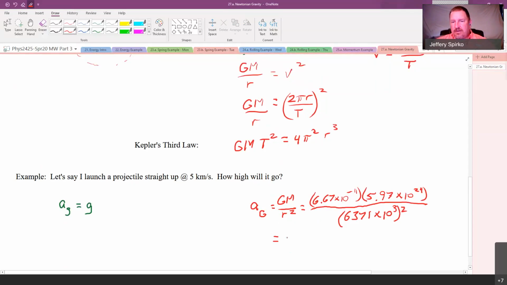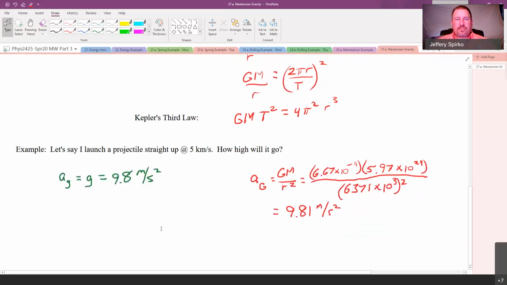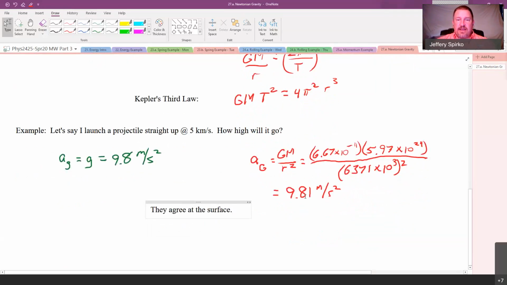And if you do all that, you get 9.81 meters per second squared. So with regular gravity, your g is 9.8 meters per second squared. And we find out that these two methods agree at the surface. In fact, the 9.81 value is typically the value we use in physics classes if we want a little bit more detail than just rounding it off to 9.8.